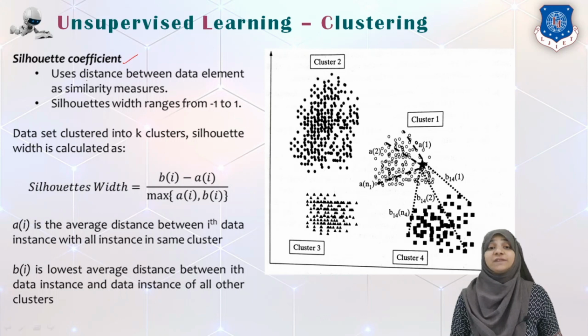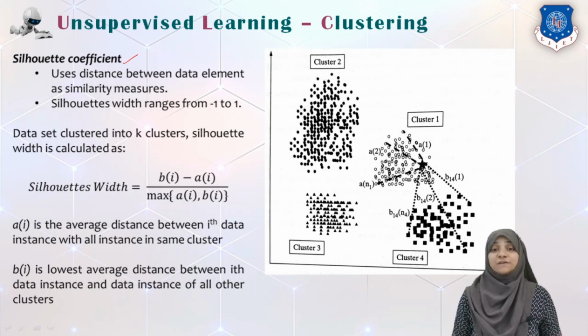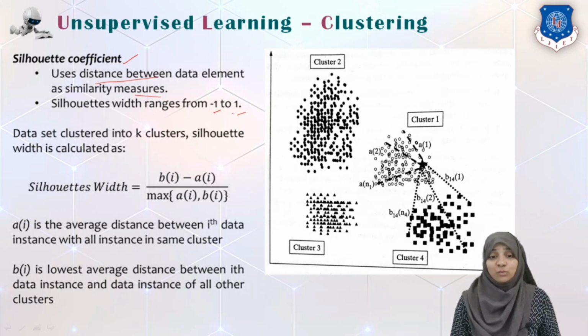That is measured with something called Silhouette coefficients. Now the Silhouette coefficient uses a distance measure to measure the distance between two data elements based on their similarity measure, and this value of Silhouette always varies from -1 to 1.